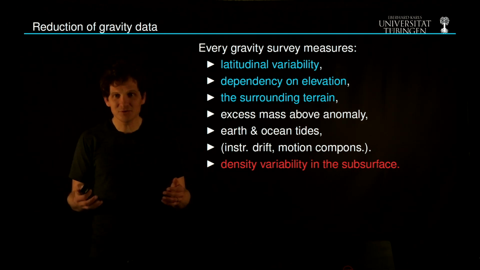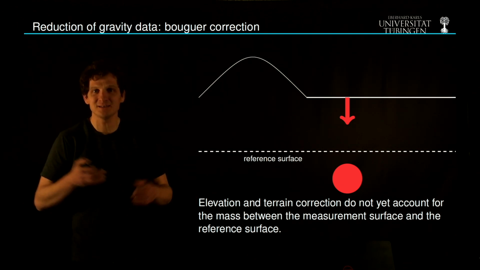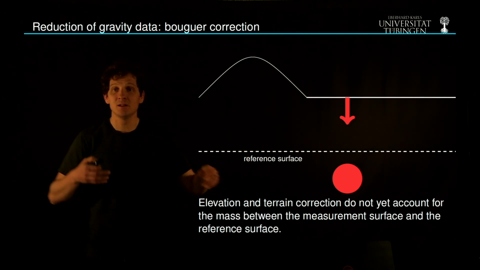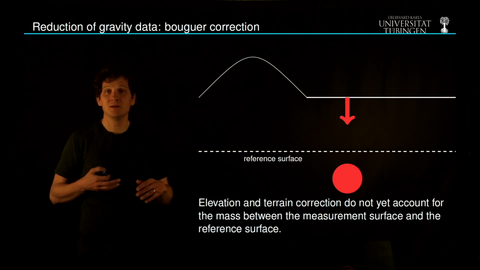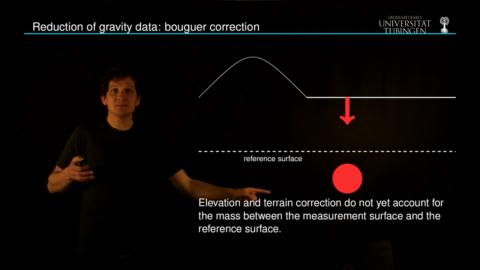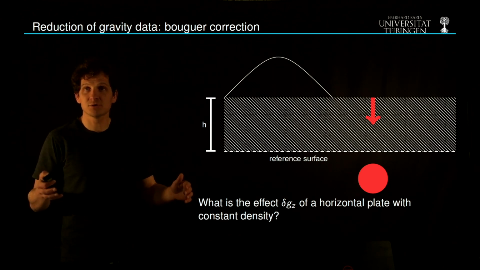Unfortunately, just correcting for the surrounding terrain is not quite enough, because there might still be excess material above the reference level, or meaning above sea level, which overlies your target of interest. And this will also offset your results.